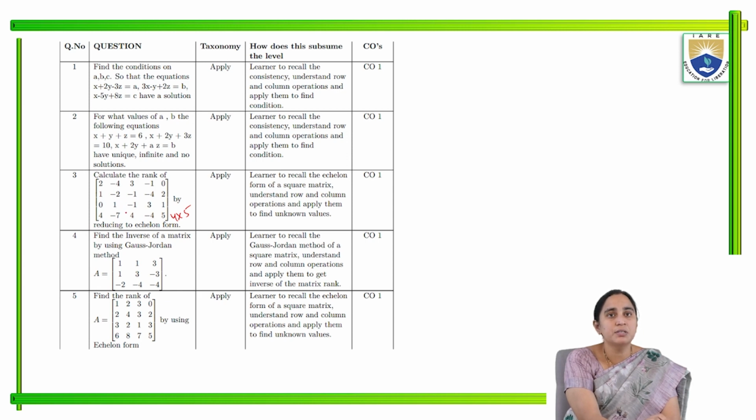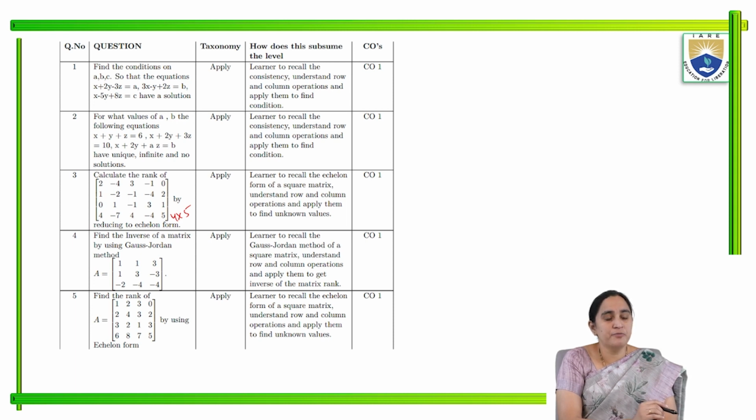If that condition is satisfied, the given matrix is reduced to echelon form. After getting the echelon form, the number of non-zero rows is equal to the rank of the matrix. That is the third question.